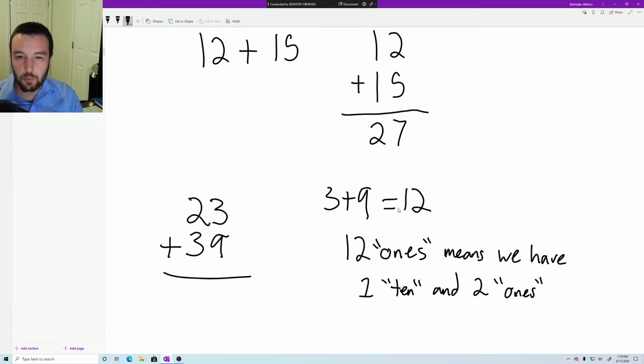So we say 12 ones. Well, we don't normally have 2 digits with just ones. So we can put part of it in the tens place, right? So we have 1 ten, and then we still have the 2 ones left over.